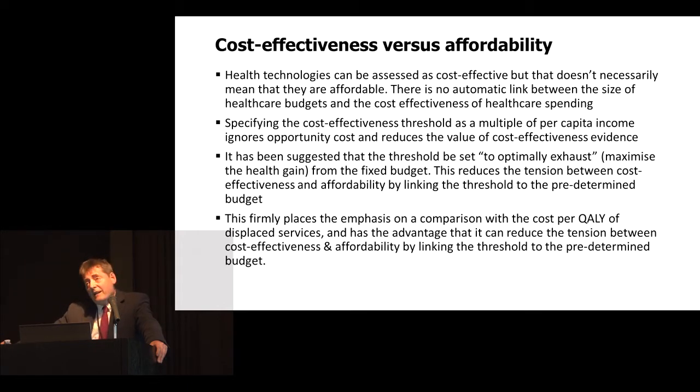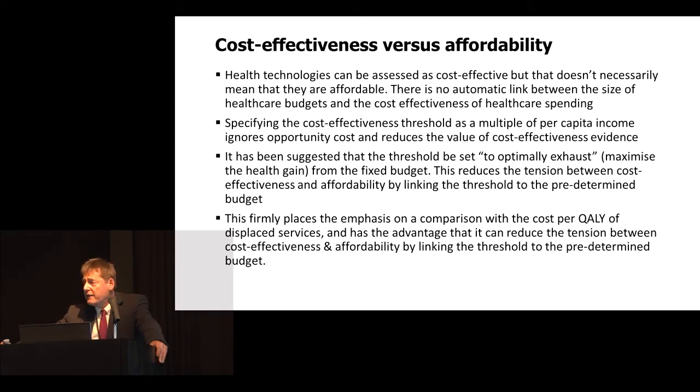This is particularly a problem if you use as a cost effectiveness threshold some multiple, perhaps 1 times or 3 times gross domestic product per capita. An alternative approach is suggested that you set your threshold, and excuse the split infinitive, you set the threshold to optimally exhaust your fixed budget, or in other language, maximize the health gain you get from your fixed budget.